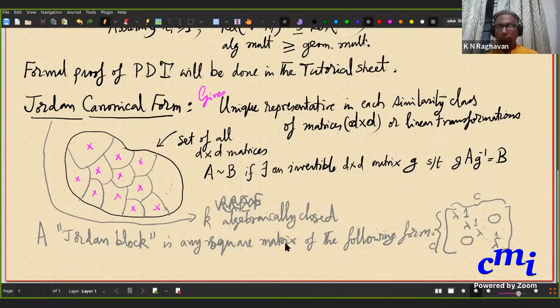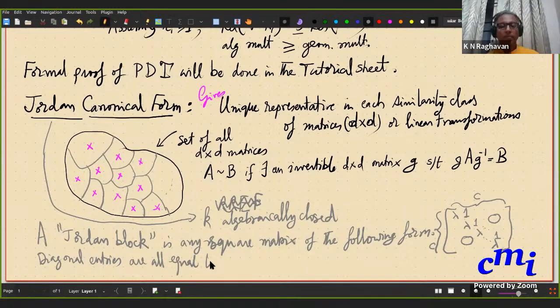Let me write it out in words. The diagonal entries are all equal to the same scalar. That's one thing.